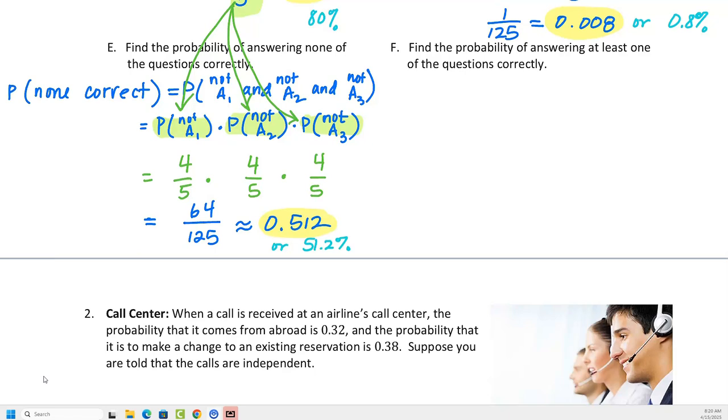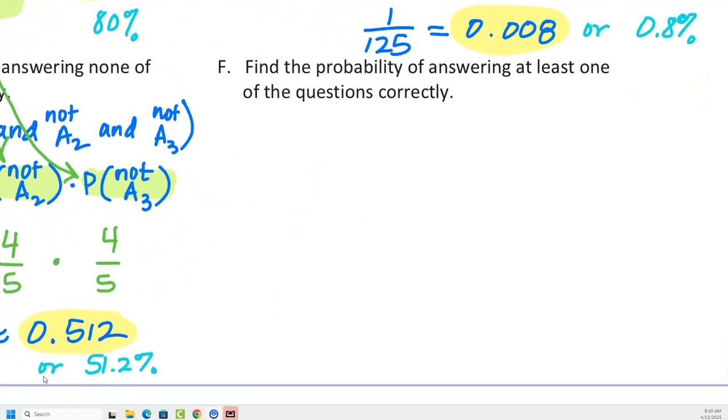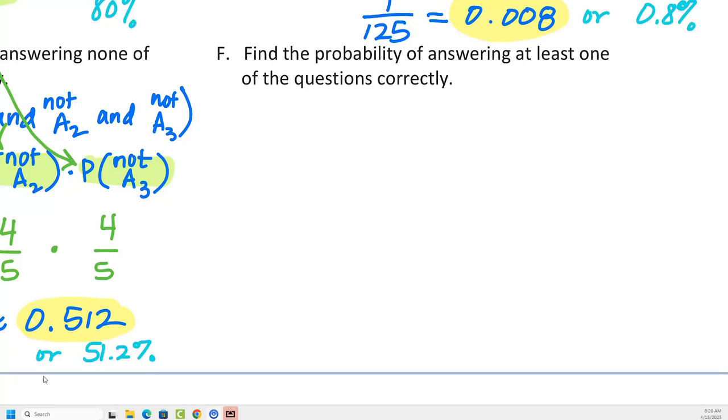Okay, so let's come over here. This last one says find the probability of answering at least one of the questions correctly. Uh-oh. So I'm going to find here the probability of at least one correct.